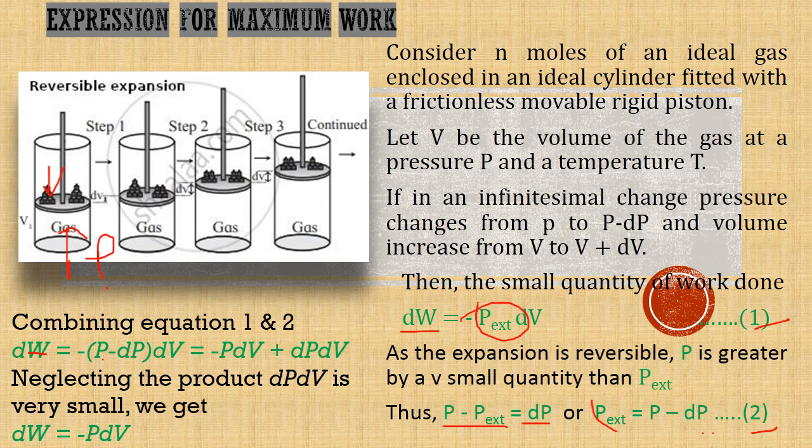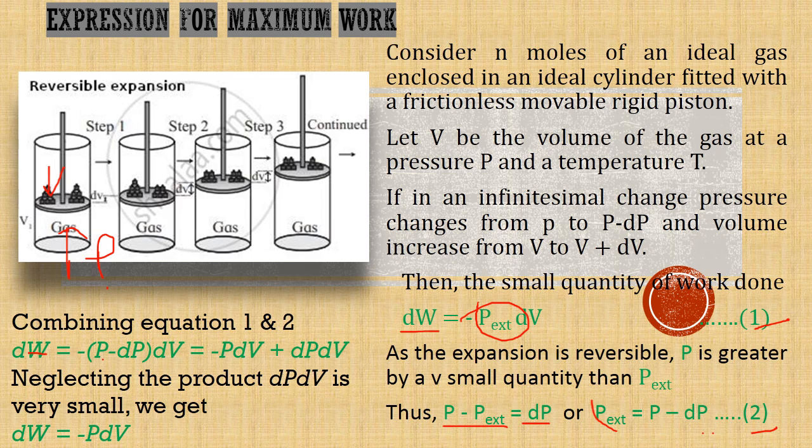As the expansion is reversible, P is greater than Pext by a very small quantity. This P minus Pext is nothing but dP, because this is the difference. Taking Pext to one side, Pext is equal to P minus dP. This is your expression first, this is your expression second.